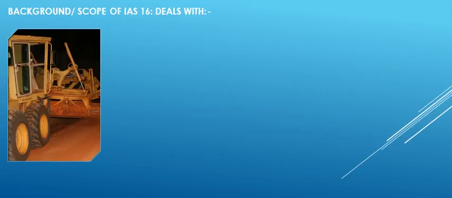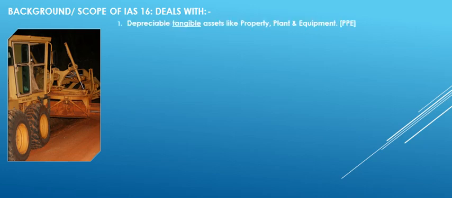The scope of IAS 16 deals with the following: the depreciable tangible assets like property, plant, and equipment, hereafter referred to as PPE.